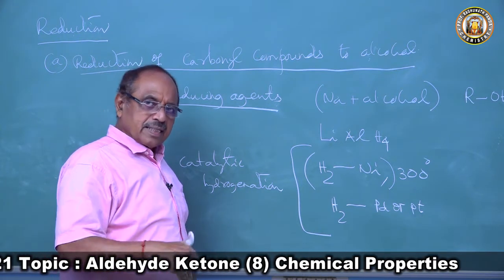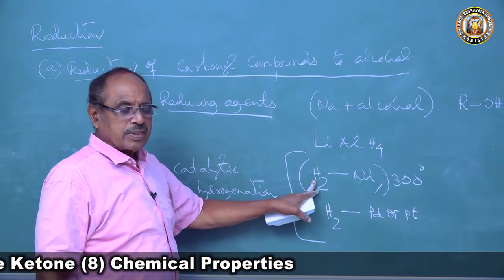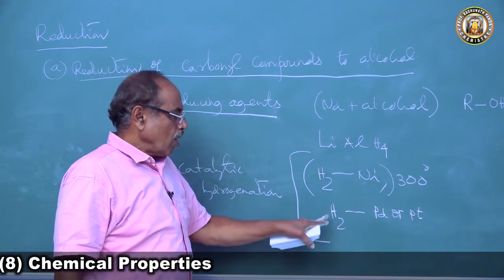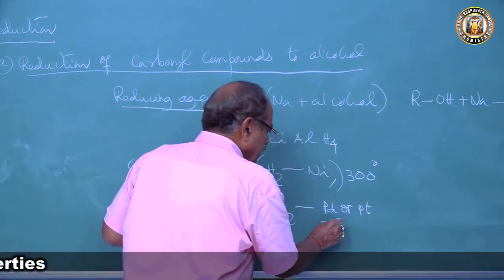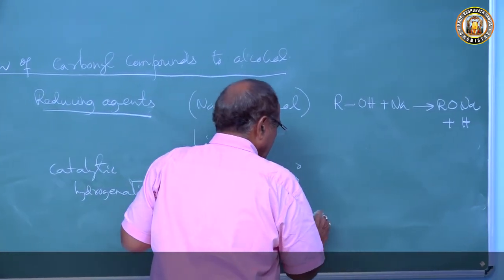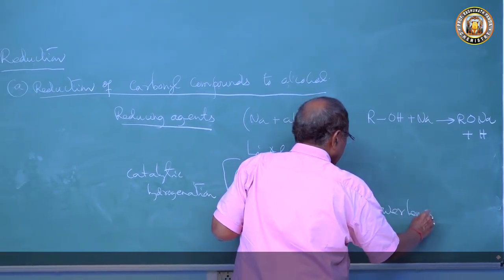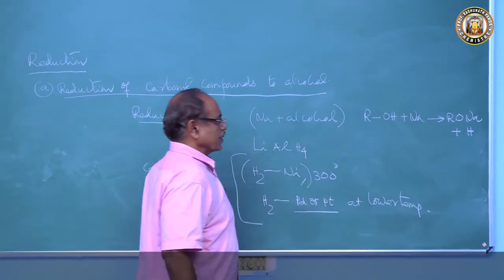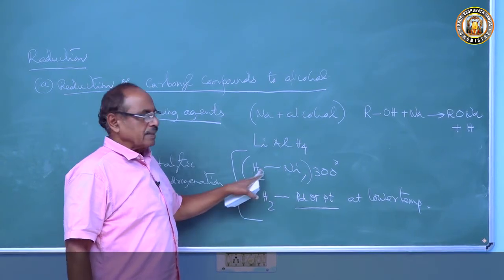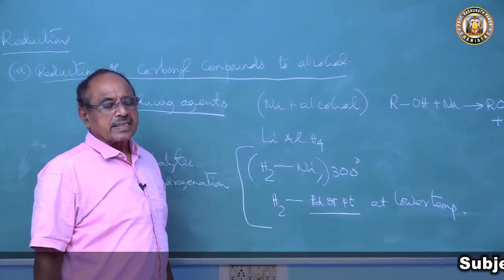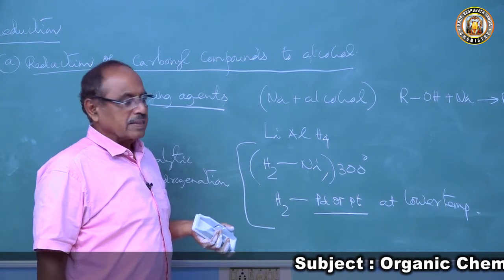It is done using hydrogen and Raney nickel, or hydrogen with palladium and platinum. With palladium and platinum, this takes place at a lower temperature, but with hydrogen and nickel, we heat to 300 degree centigrade, then we get the reaction.